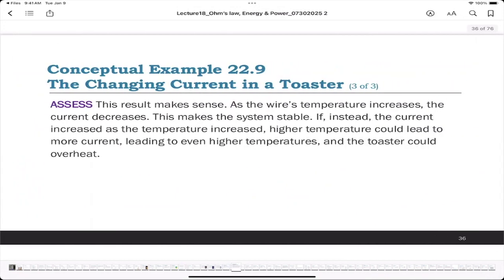And this result makes sense. As the wire's temperature increases, the current decreases. This makes the system stable. If you can imagine, if instead the current increased as the temperature increased, higher temperature could lead to more current, leading to even higher temperature, and the toaster could overheat. Can you imagine that? Which means this result makes sense.